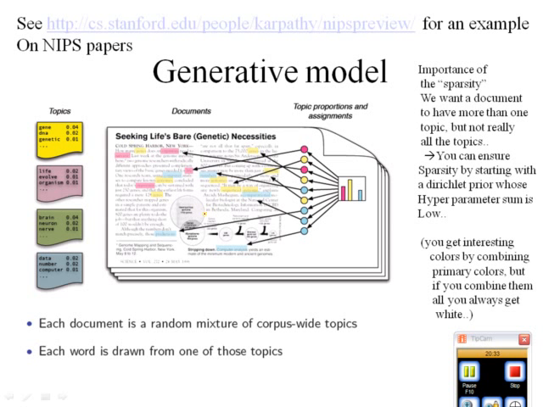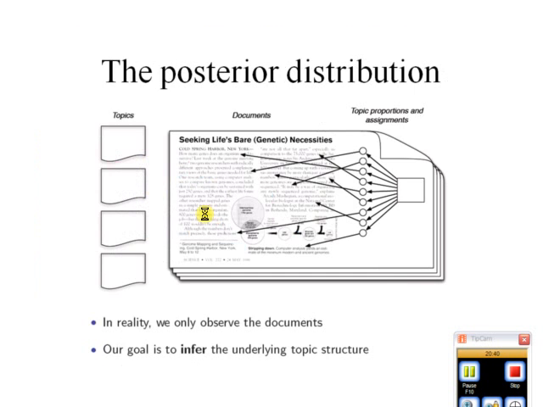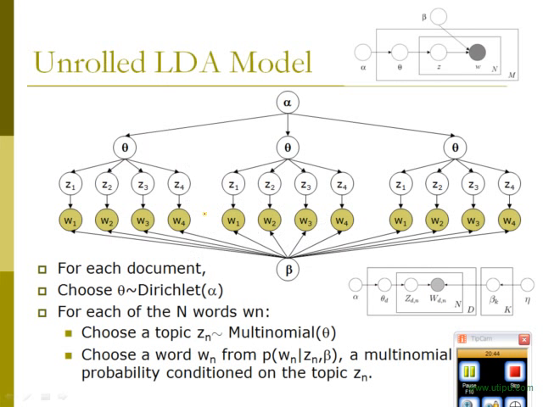So anyway, this is the story of the generation of the documents, and this is the picture of that story. This is the probabilistic, the Bayes network picture of this story. So you start by looking at the plate picture.